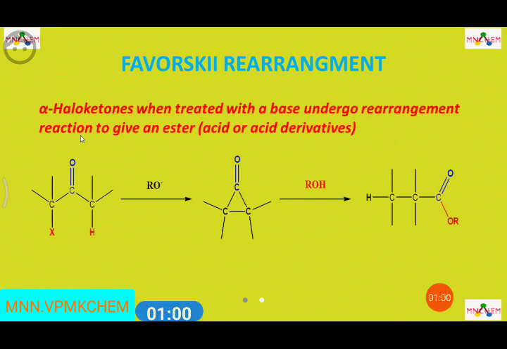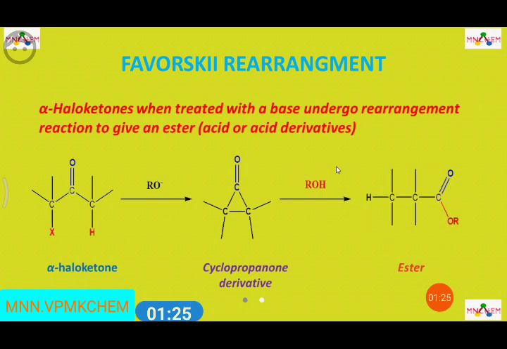This is our alpha haloketone, which is treated with a base and gives an intermediate known as a cyclopropanone derivative, which then readily undergoes nucleophilic substitution with ring opening and results in the formation of the product.